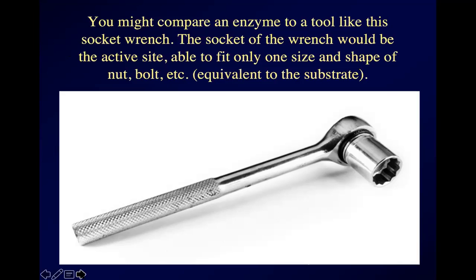The nut or the bolt would be equivalent to the substrate. The nut or bolt fits into the active site, and then the wrench can be used to turn the nut or bolt or whatever it's made for. So there's a decent concrete model for how enzymes can be thought of as working. It's not an absolutely perfect model, but it will do for our purposes here.